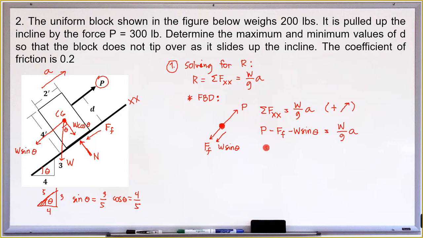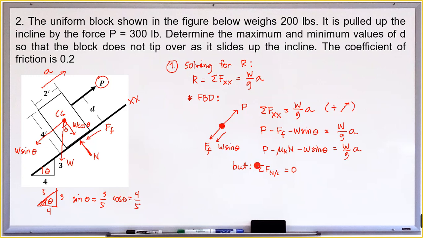Now, the frictional force, we can also express in terms of the coefficient of friction and the normal force, right? That is mu k times the normal force, minus W sine theta, equals W over g times a. Now, we all know that if we take the summation of forces normal to the incline, it should be equal to 0.